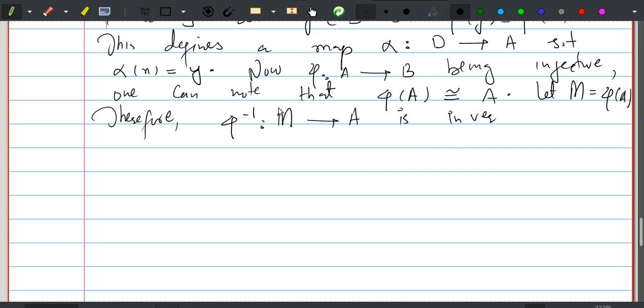It is an isomorphism because phi from A to M is injective. Now M is simply the image of phi, so that means phi inverse is bijective.